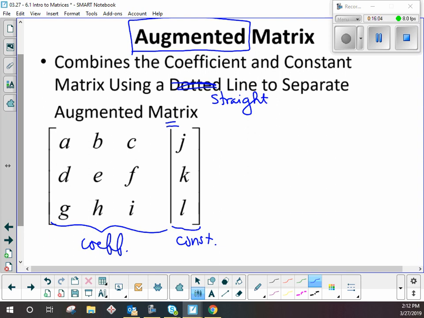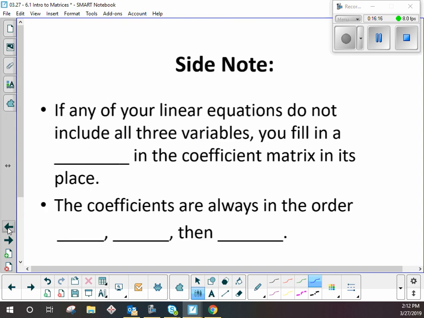But real quickly, we're going to practice here in just a minute writing an augmented matrix from an actual system of equations. But this slide that I skipped a second ago, let's just fill that in real fast. If any of your linear equations do not include all 3 variables, okay, you have a z missing, an x or a y or something like that, you fill in a guess what in the matrix?